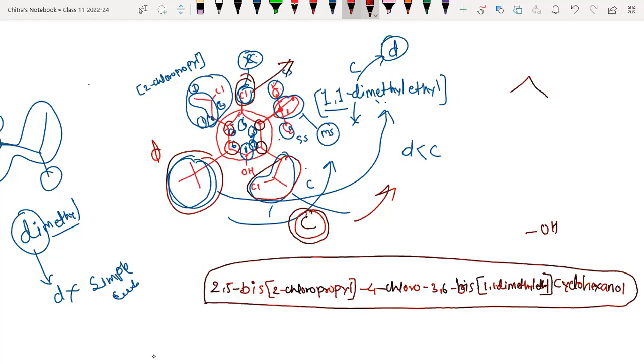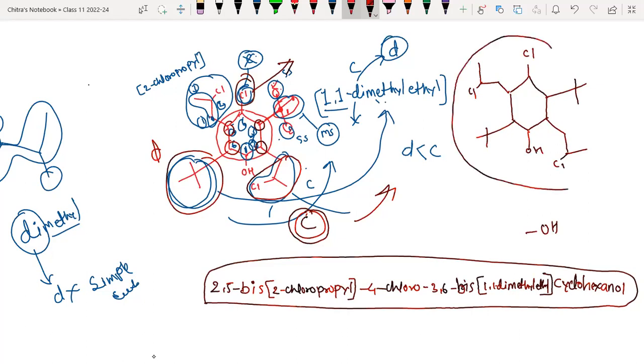You just have to follow these 5 things I have given you, not more than that. Okay, so this is the compound and this is the IUPAC name.